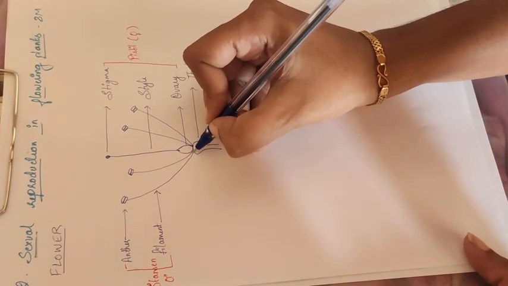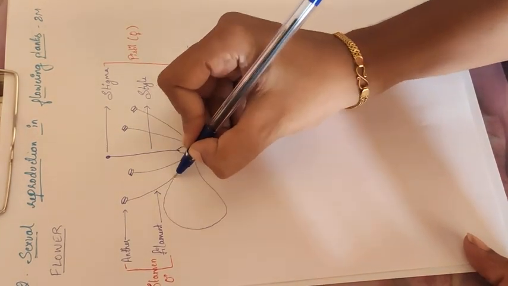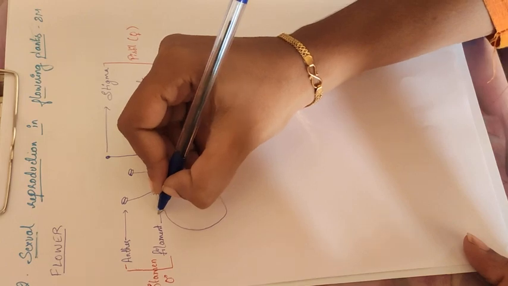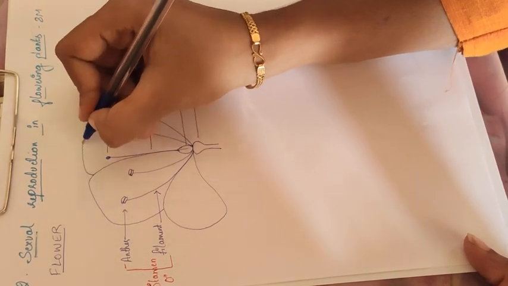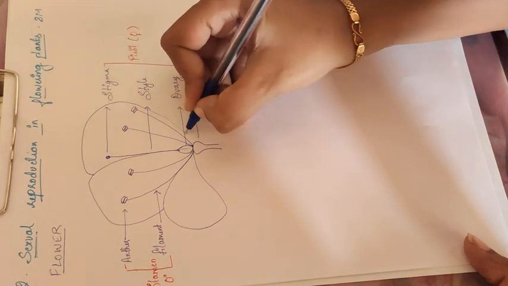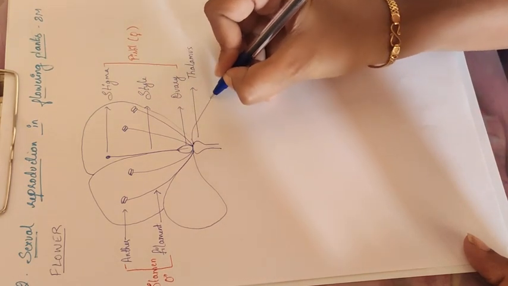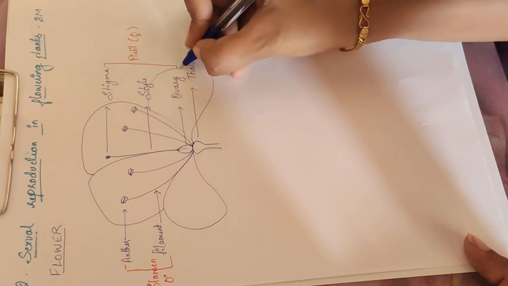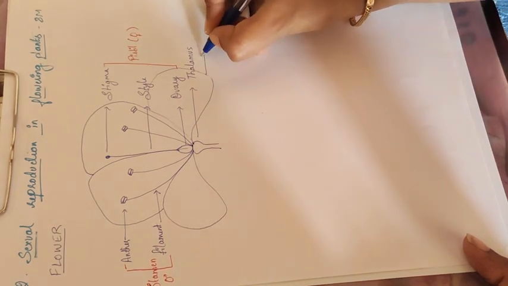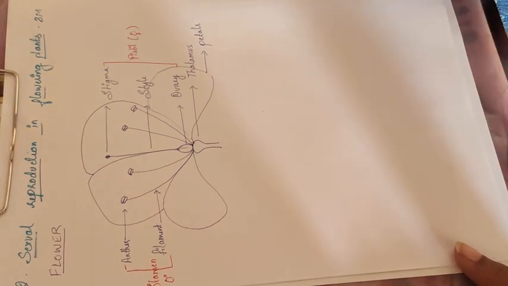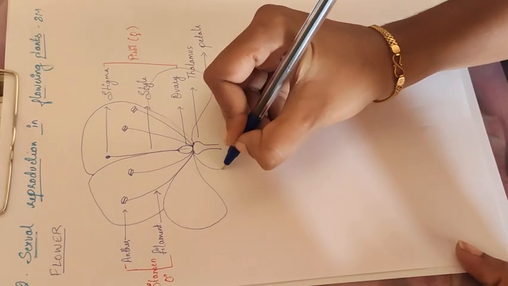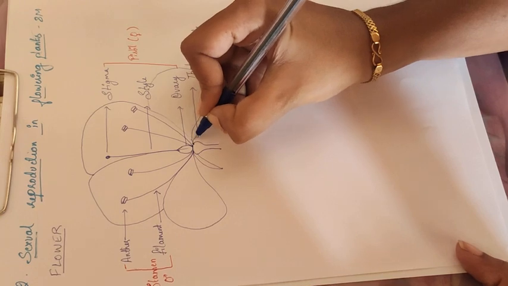And the third whorl being the petals. So this is the petals, and the fourth whorl is nothing but the calyx.